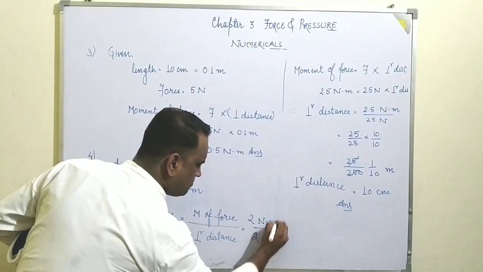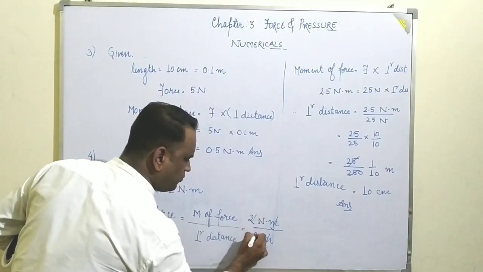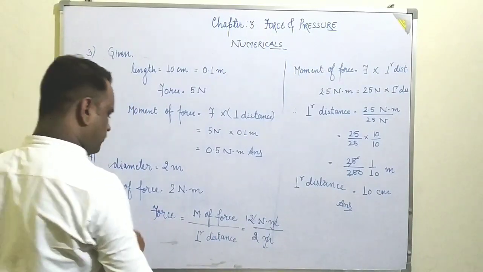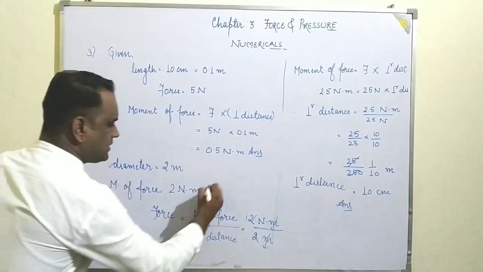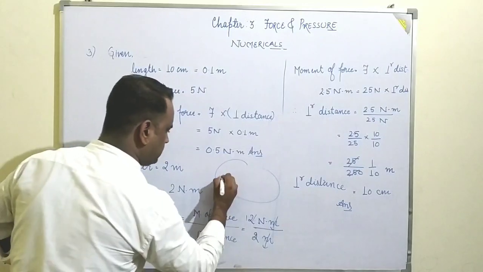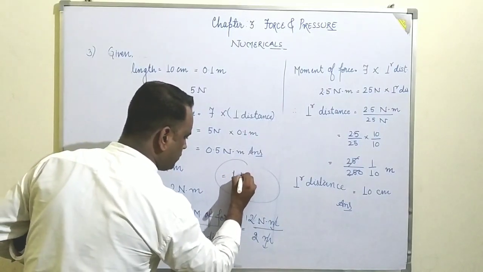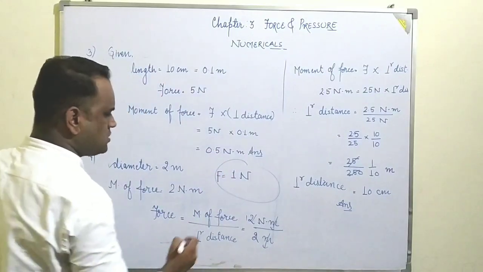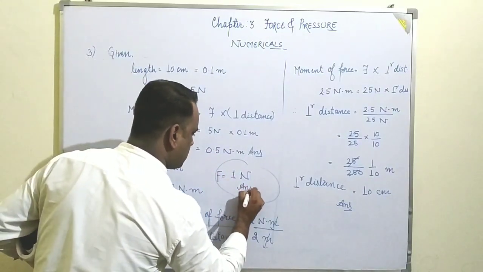So meter will be cut out and 2 will be cut out. So 1 Newton will be the force. So the answer of question number 4 is 1 Newton.